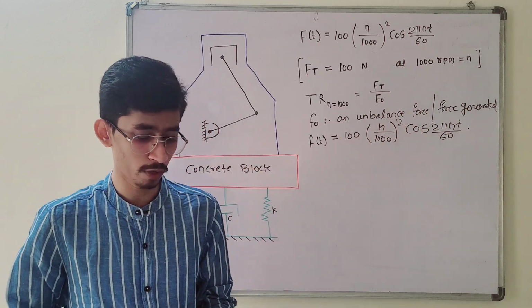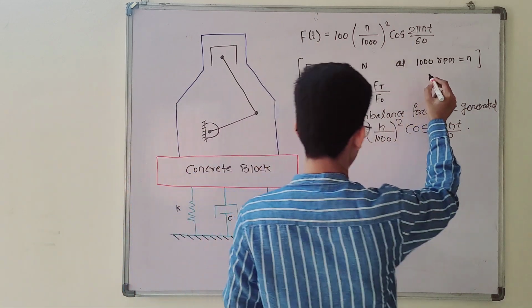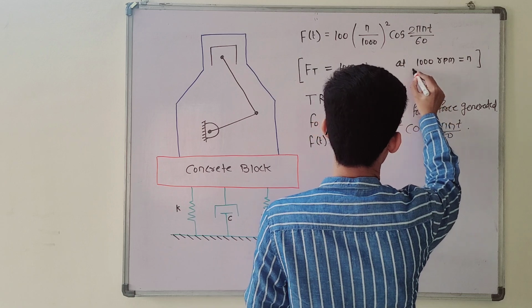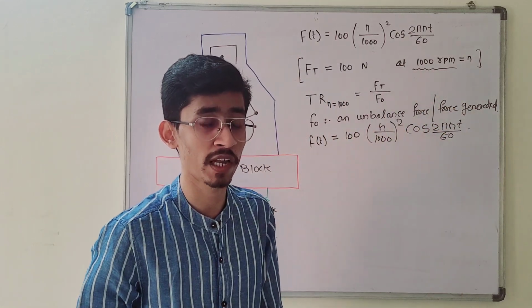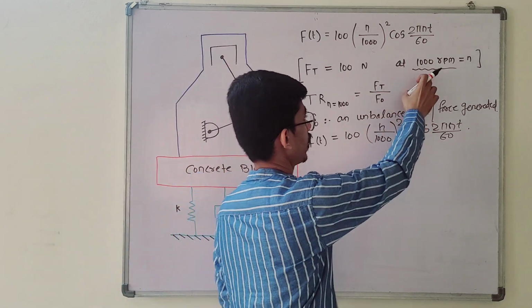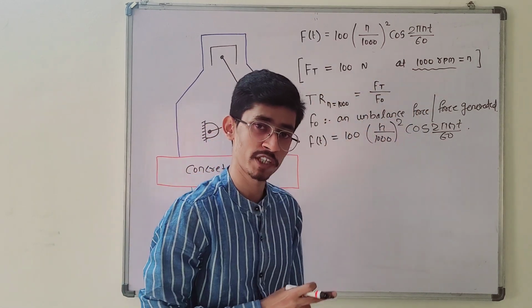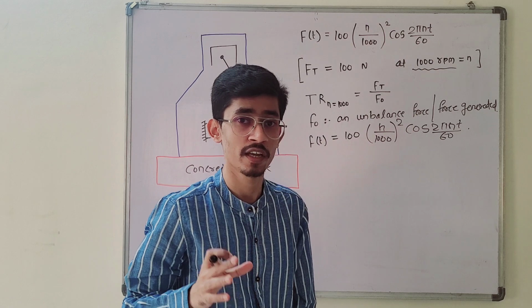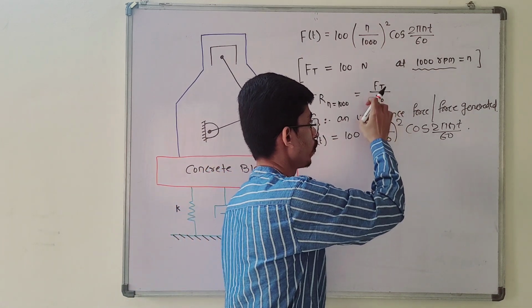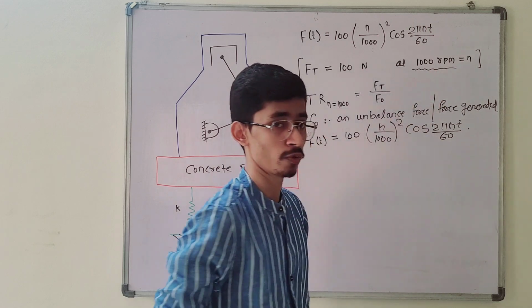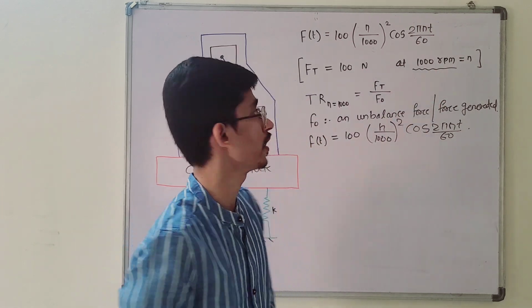We need to find out at n equal to 1000 rpm what will be my value of f naught, the unbalanced force at 1000 rpm. They have provided the transmitted force, 100 Newton, but the aim is to find the unbalanced force, or force generated due to this rpm. So we need to put n equal to 1000 in this equation.